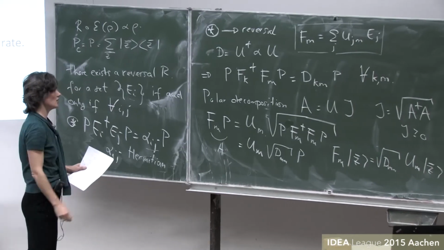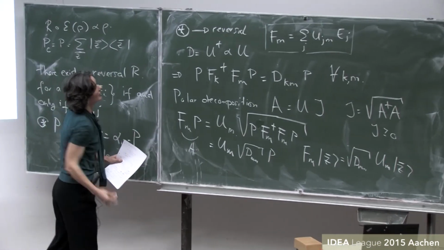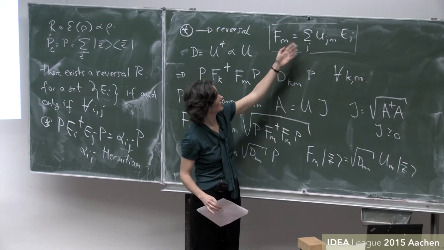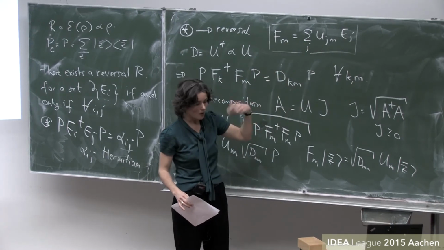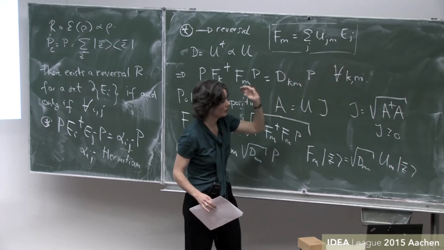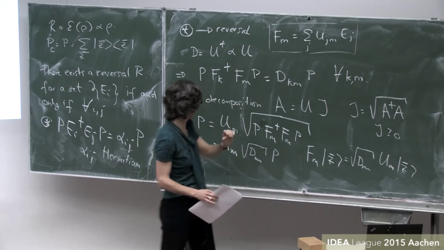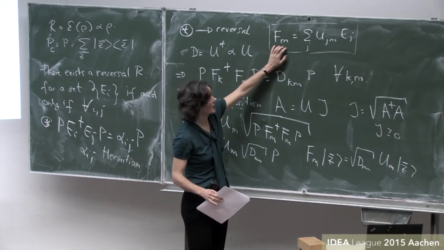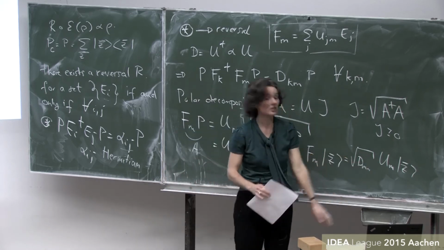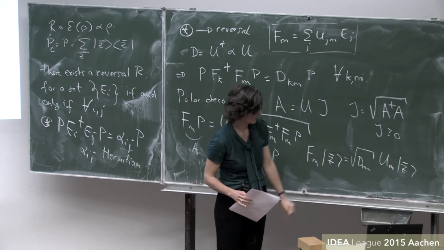So the action of the error, right? F_m is a linear combination of the errors, but the super operator I started with these operation elements was equivalent to a super operator with these operation elements. And so these are an equivalent set of errors. And the action of this error is just doing a particular unitary transformation.